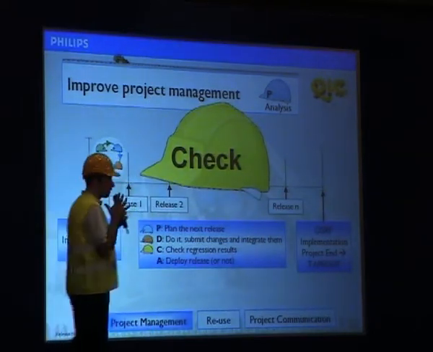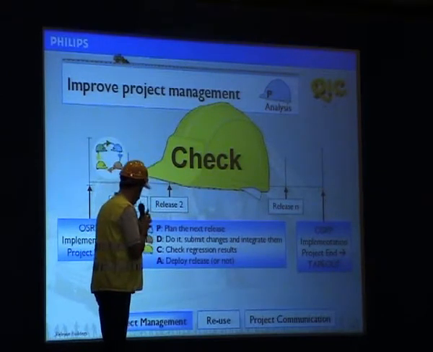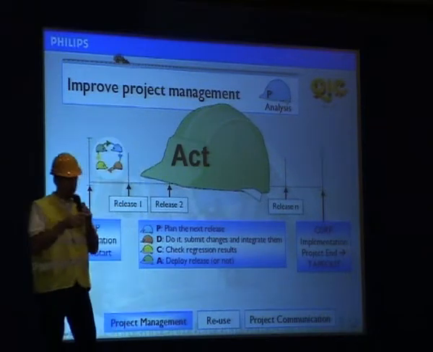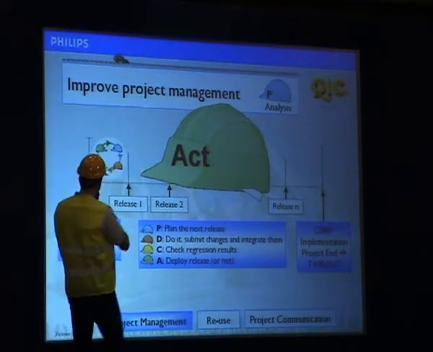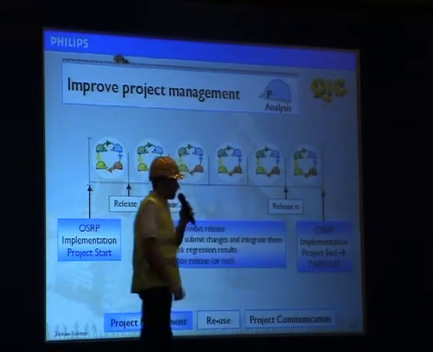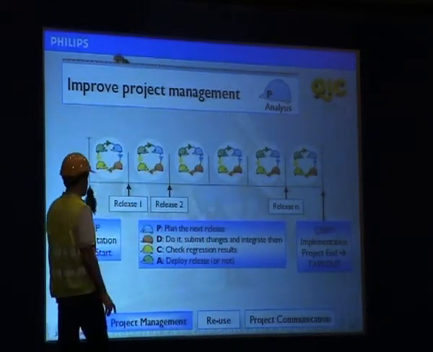We are checking the integrity by doing the regression, and then we act by deciding whether we deploy the release to the design community or not. And so we are able to divide the complete development cycle into many PDCA cycles.